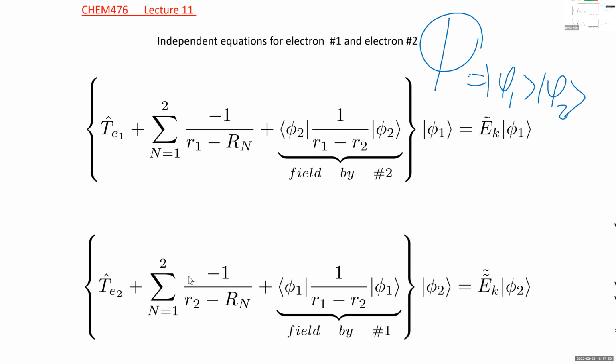But we see that those equations are very similar, basically identical. And this is one of the ideas of Hartree-Fock. We average over all but one electron in the Hamiltonian, and then we get an effective operator, effective in the sense that it does the same job.